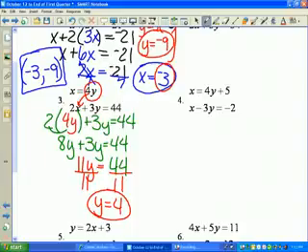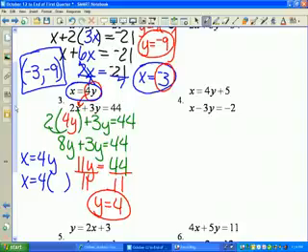So since we found y, now we got to find x. Again, I can use this original equation right here. So I have my x equals 4y, but instead of a y, I'm going to write a 4.